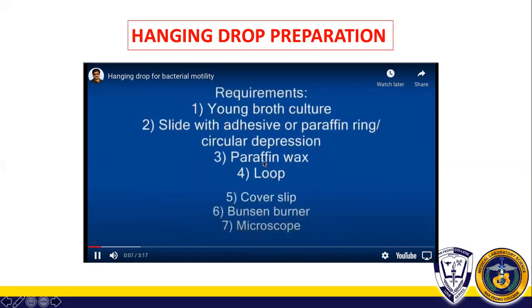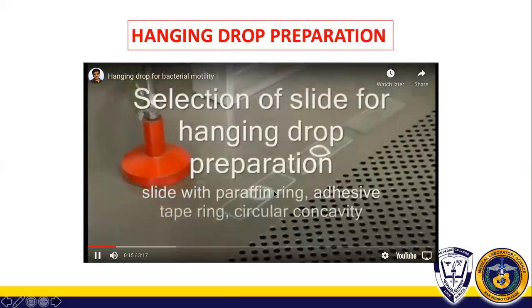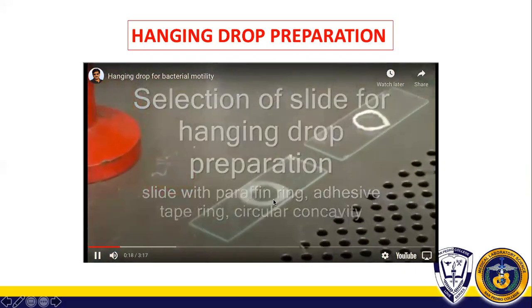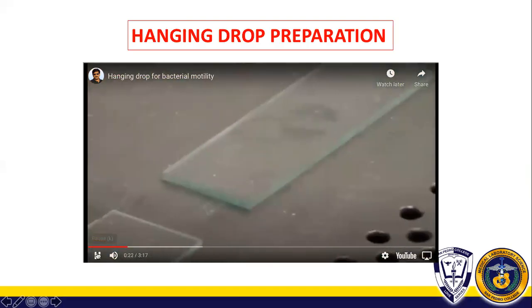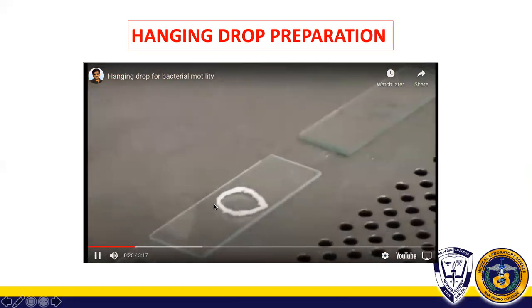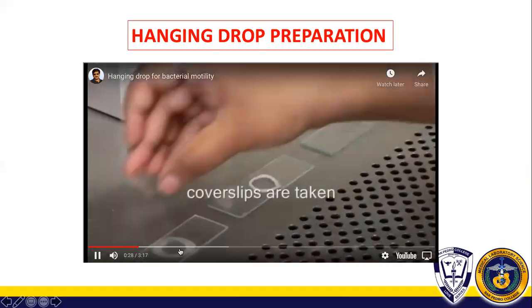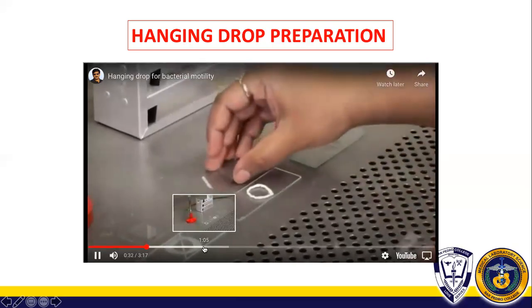They show you the actual hanging drop slide, and if you don't have one, they also show samples where you can create your own hanging drop slide. This one is made out of adhesive, and this one is made from paraffin wax, just to create a hollow.